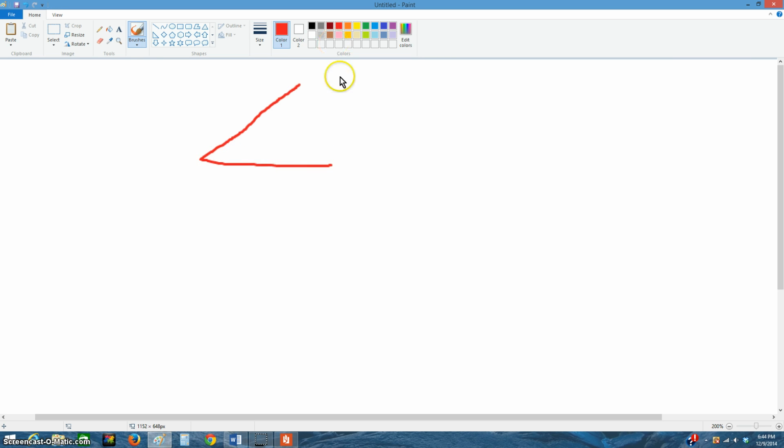And I'm just going to say that this is P, Q, and this is R over here. And let's go ahead and put an X and Y axis on it. So I'm just going to say the X and Y axis is right here.